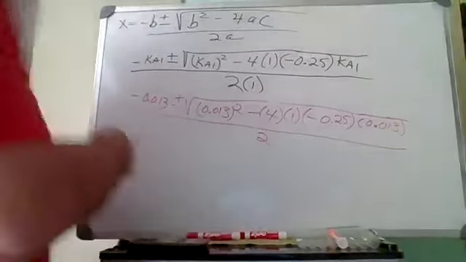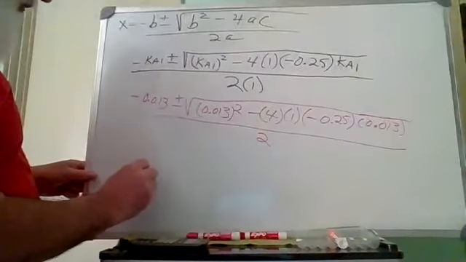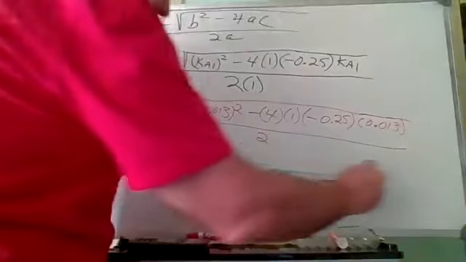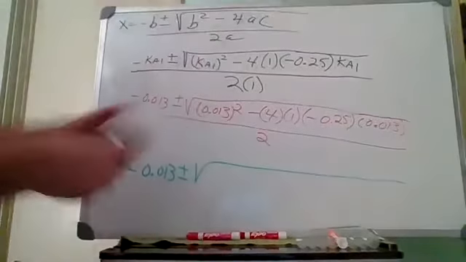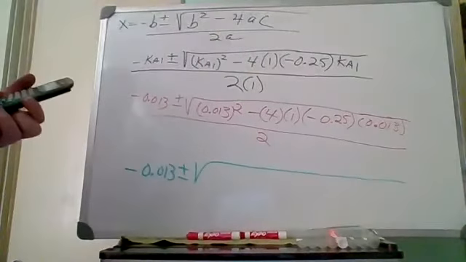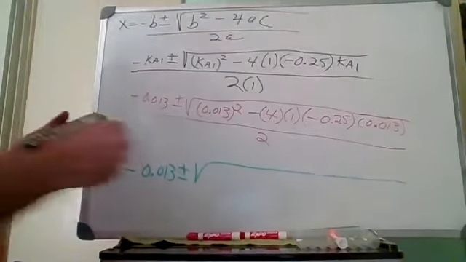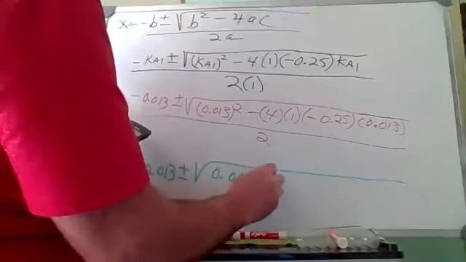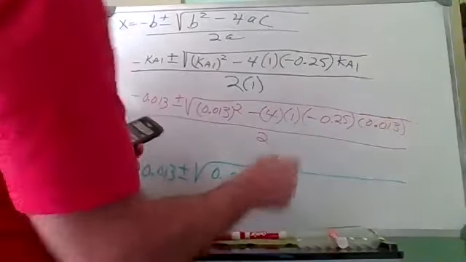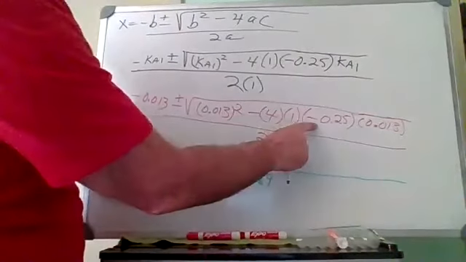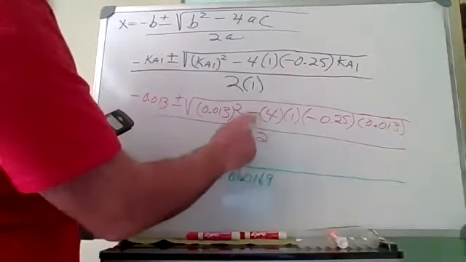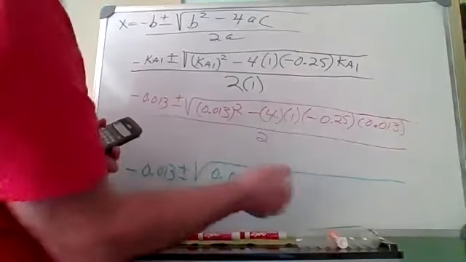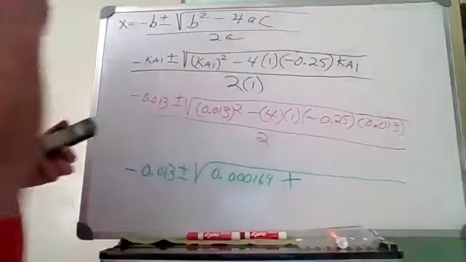Pick a different color. So negative 0.013 plus or minus the square root. Now, what's this B squared? 0.013 squared is 0.000169. All right, here I have a negative and here I have a negative. Does everybody see that? So this is going to become a positive term now. A negative times a negative is a positive.